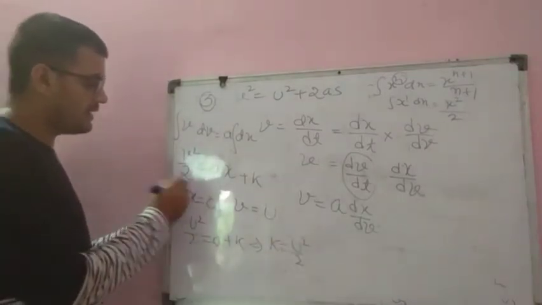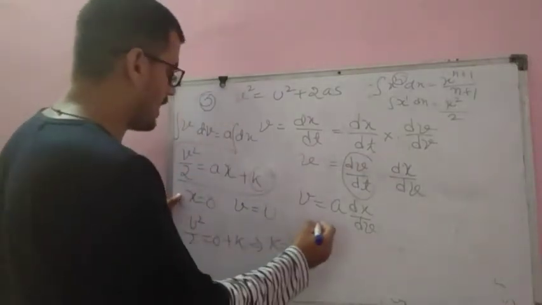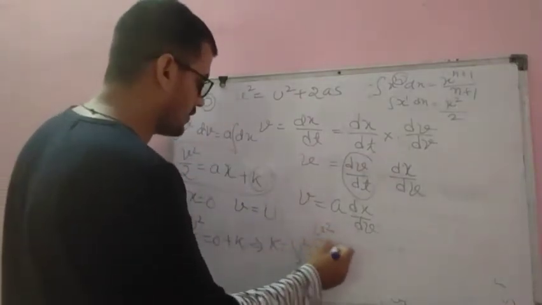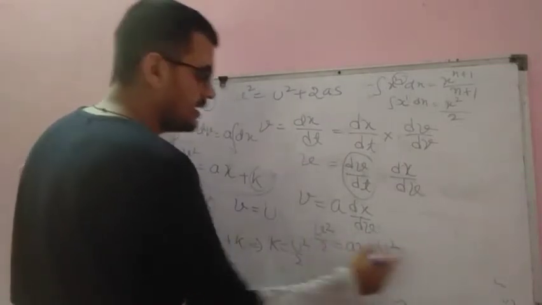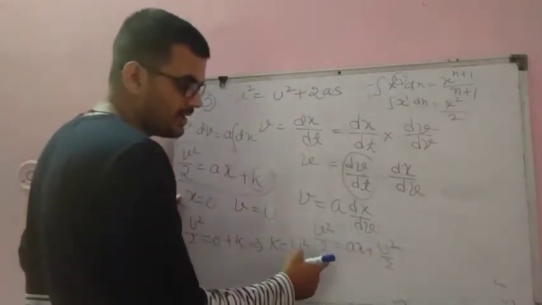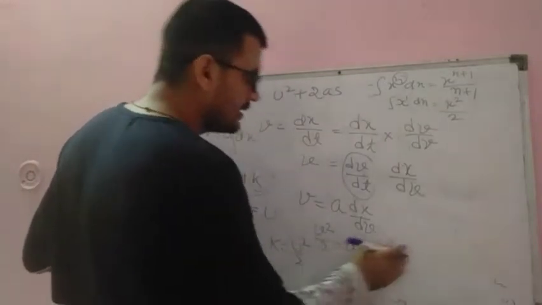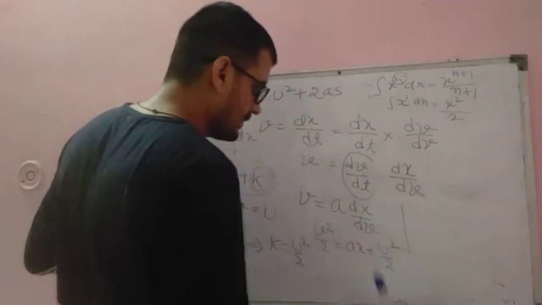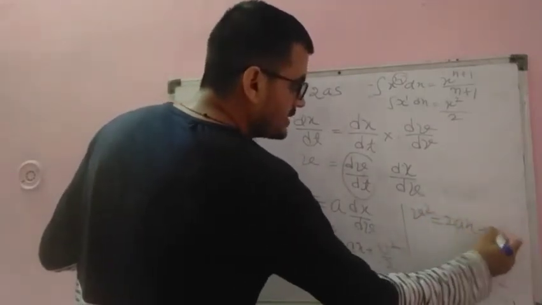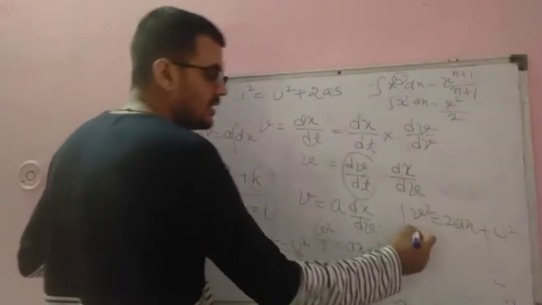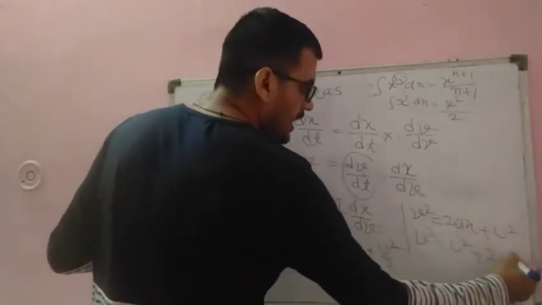In this equation replace k by this: v square by 2 equal to ax plus u square by 2. Take the LCM. You will get v square equal to 2ax plus u square. Rearrange it: v square equal to u square plus 2ax.